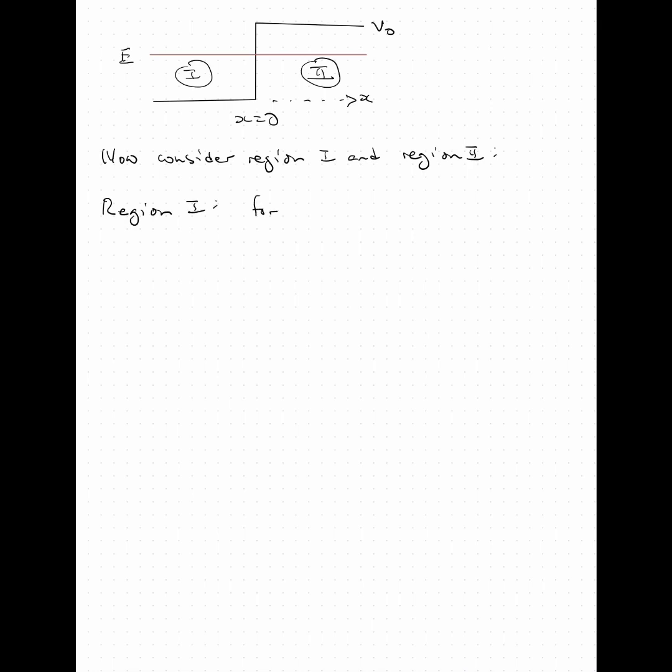That's for x less than 0, E greater than V naught, and V naught in this region is 0, and k will be root 2mE over h bar, which we know is greater than 0, and we know we have solutions that look like these exponentials that are oscillating.